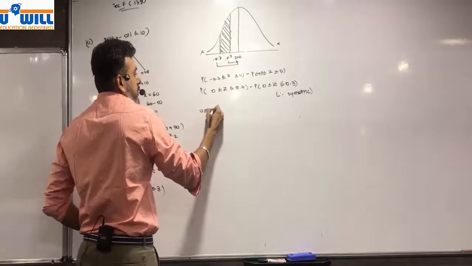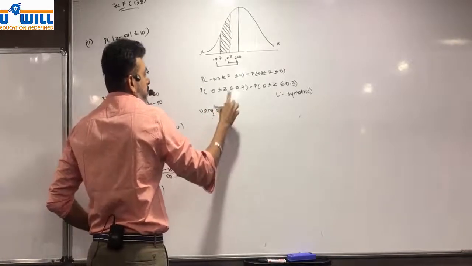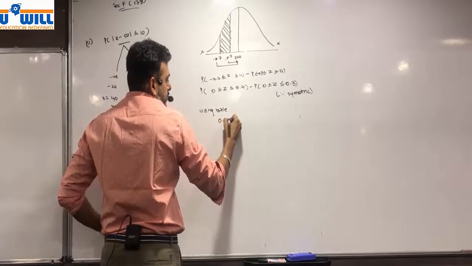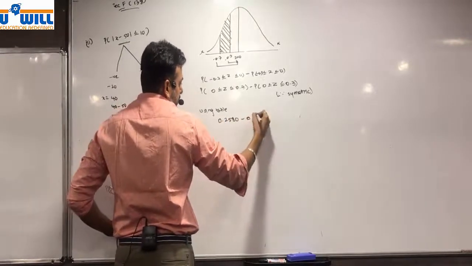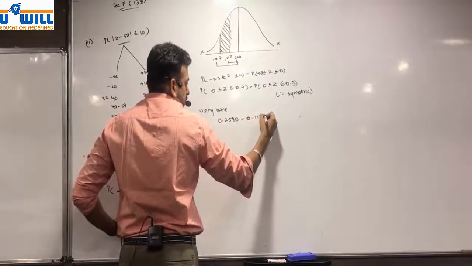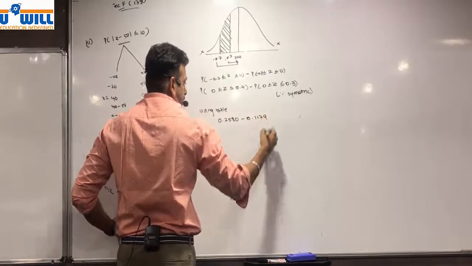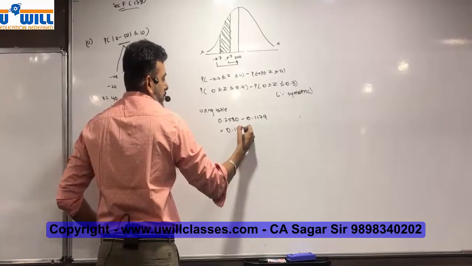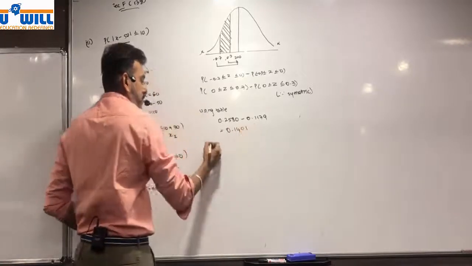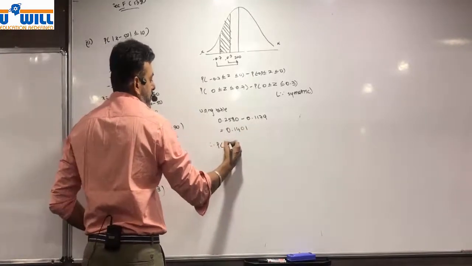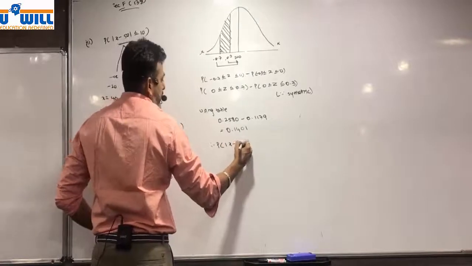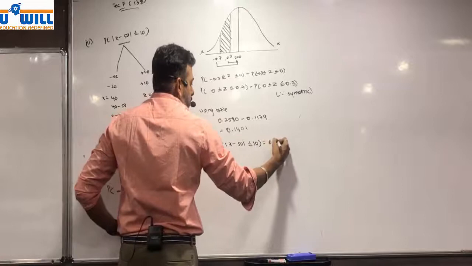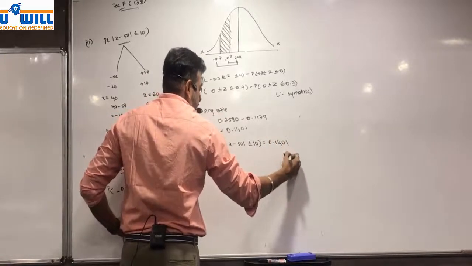Using table, what is 0.7? 0.2580 minus 0.1179, 0.1401. Therefore, probability of modulus x minus 50 less than equal to 10, 0.1401. Answer.